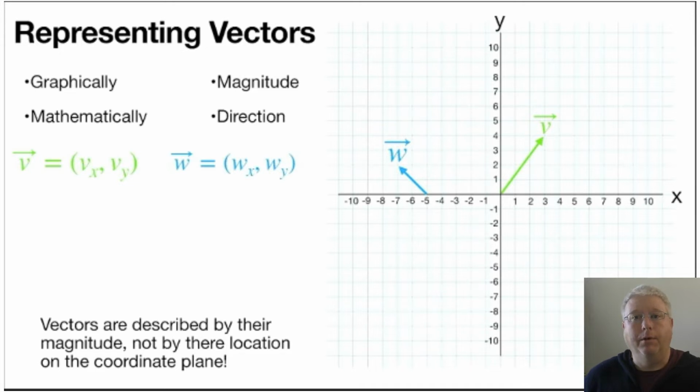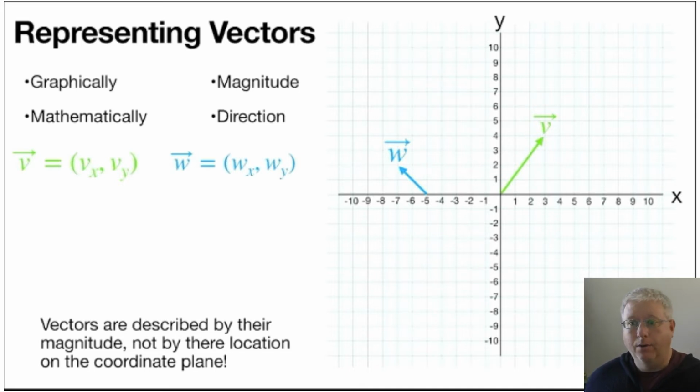So remember, vectors have magnitude and direction, so we can describe the magnitude as an ordered pair. Now you got to be careful with this though, because the magnitude of a vector is not the same thing as its position on a coordinate plane. Okay, so for example, vector v, it just happens to be the same.